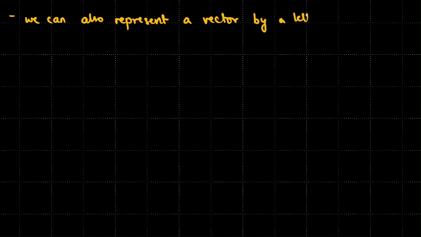So we can also represent a vector by a letter or alphabet with an arrow over it.